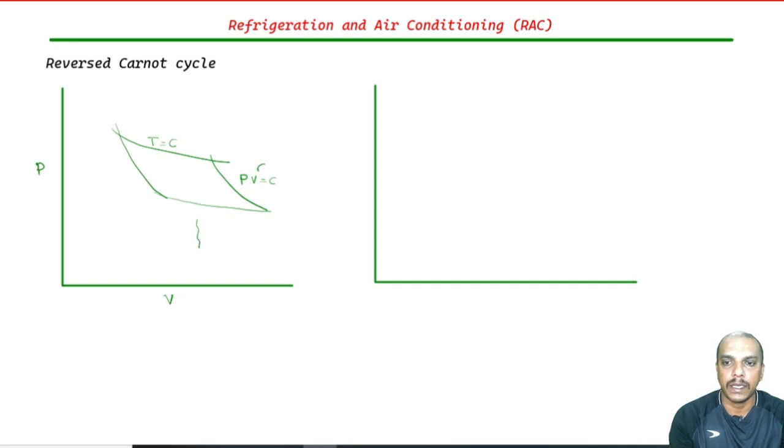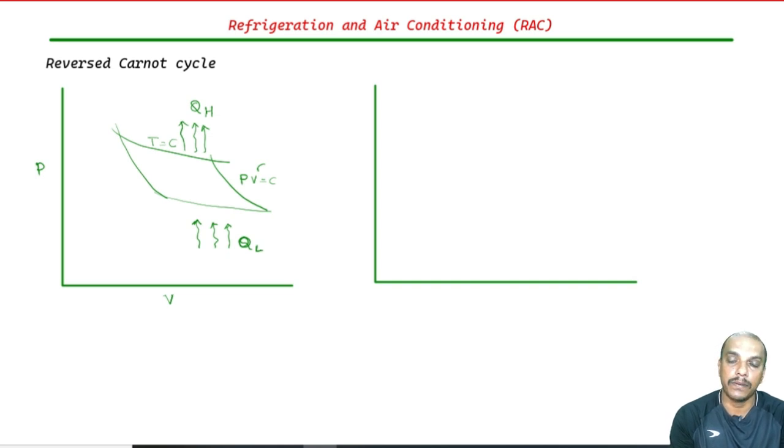That means it takes the heat from this lower temperature reservoir, let us call it QL, whereas heat is rejected to the atmosphere, that is at higher temperature, let us call it QH. So, heat transfer with respect to the higher temperature reservoir, let us call it QH.